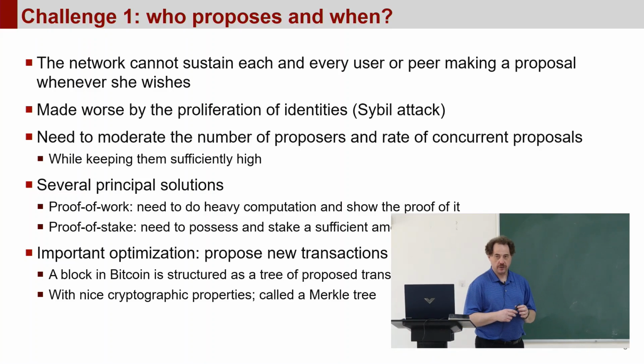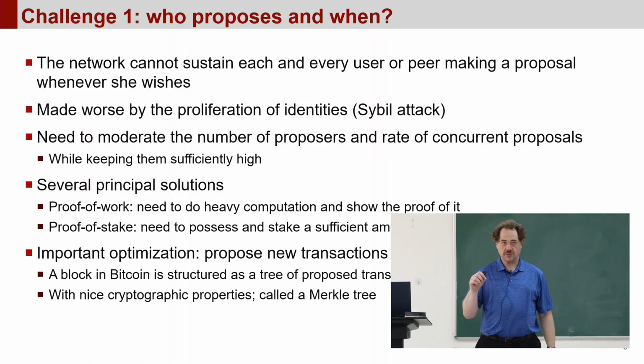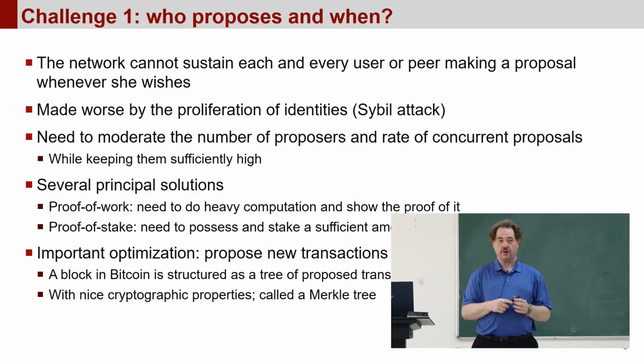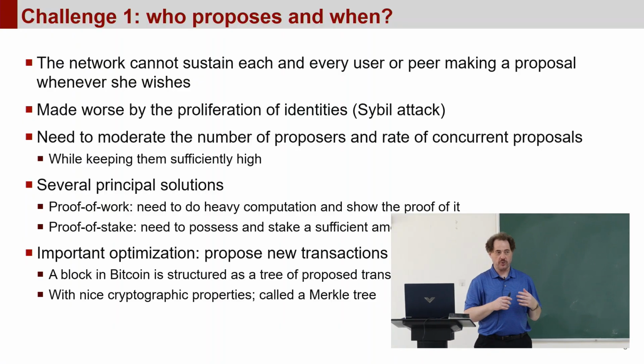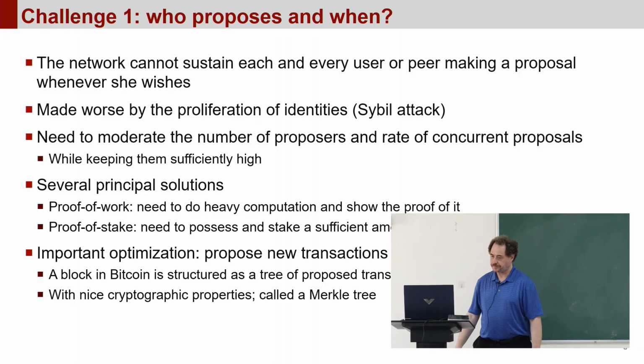In proof of work, a miner, a block proposer, needs to do some heavy computation and show a proof of the heavy computation. And whoever manages to do the computation first would gain the right to propose a block. Well, everyone would gain a right, but of course, whoever proposes the blocks later, the block would not be accepted.